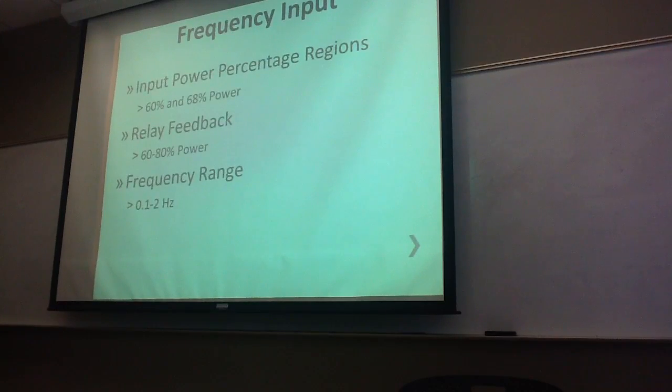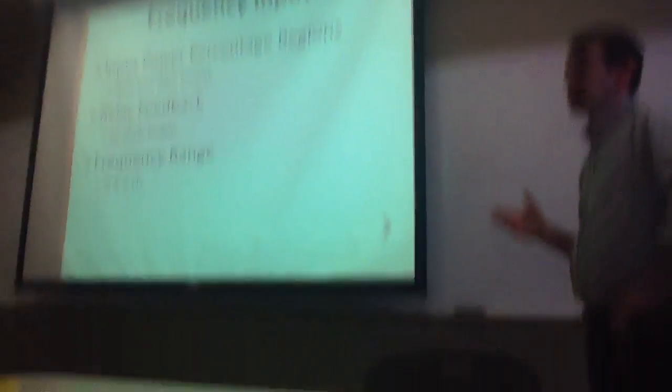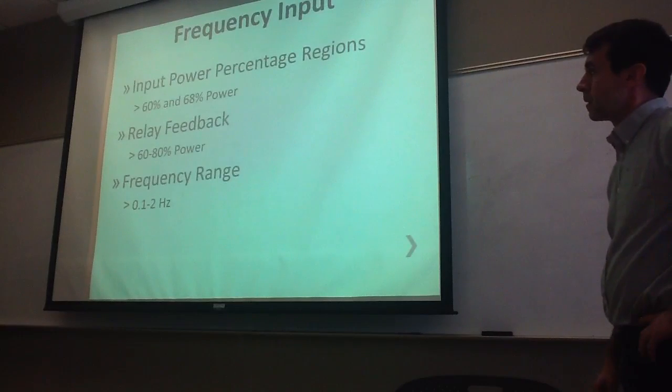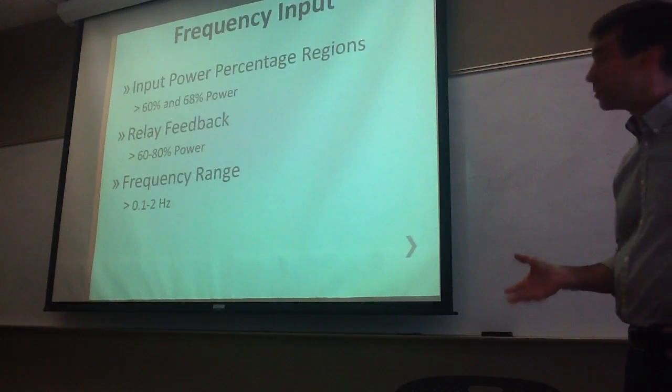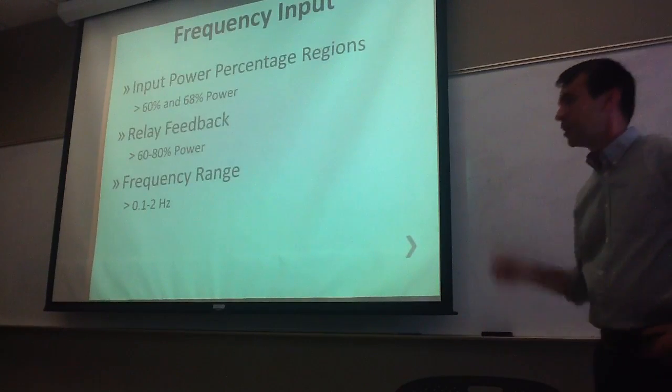Okay, and for the frequency inputs, two members did the regular experiment with 60 to 80% power, with a frequency range of 0.1 to 2 hertz. And then the relay feedback was done with 60 to 80% power.